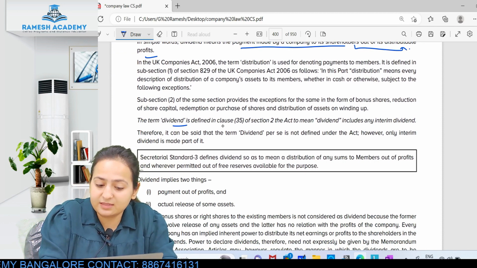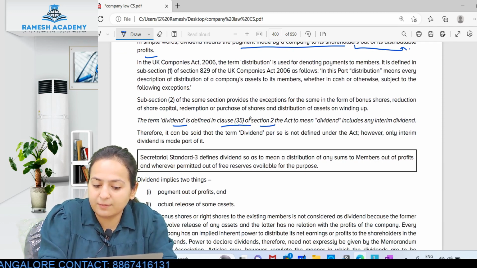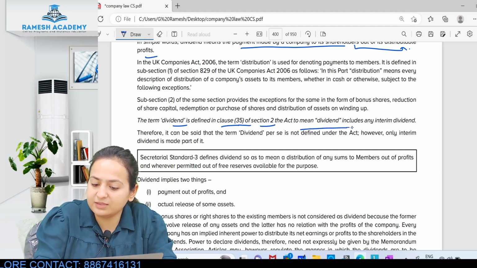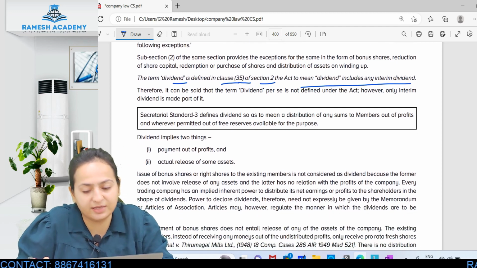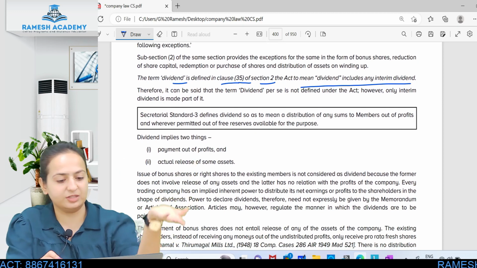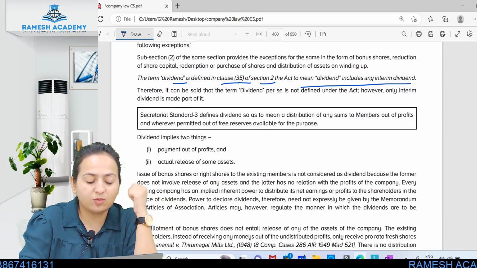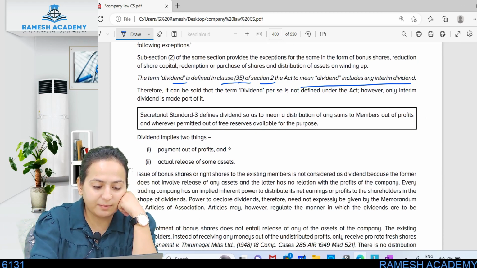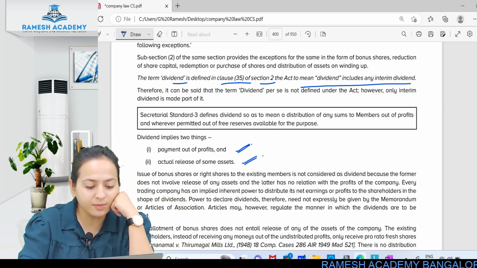Dividend is defined in section 2 sub-clause 35, and includes interim dividend. Interim dividend, you will come to know about the definition now. So what is dividend? Dividend is the payment out of the profits of the company or actual release of some assets.